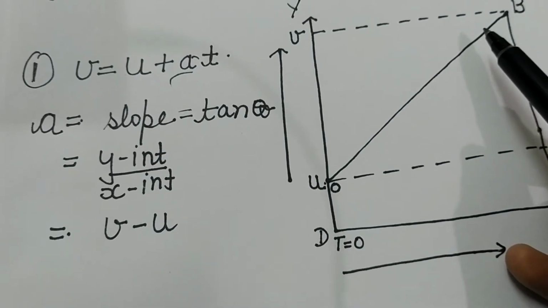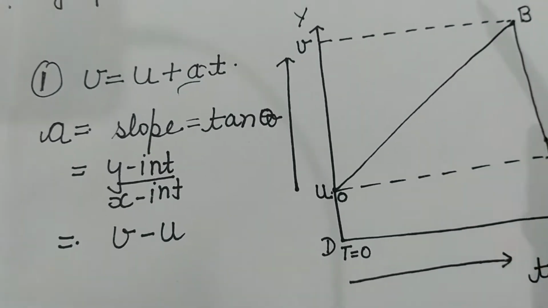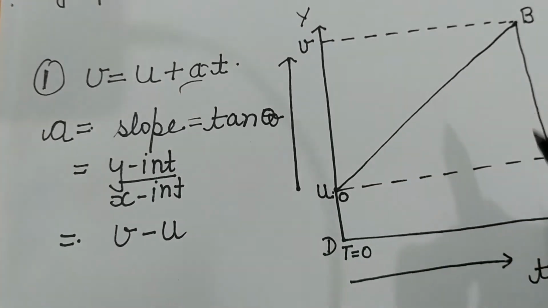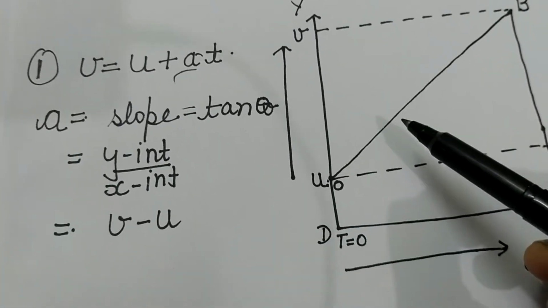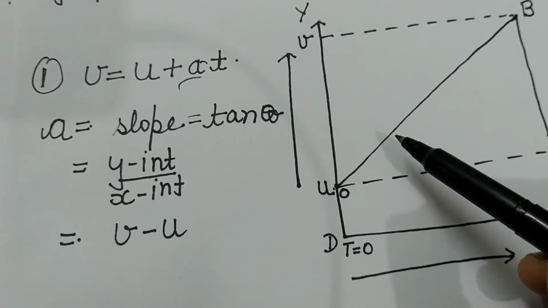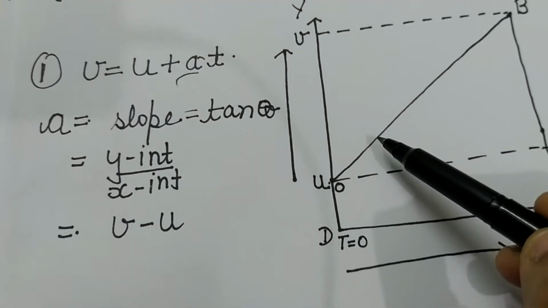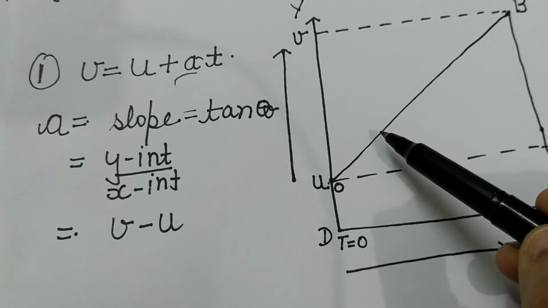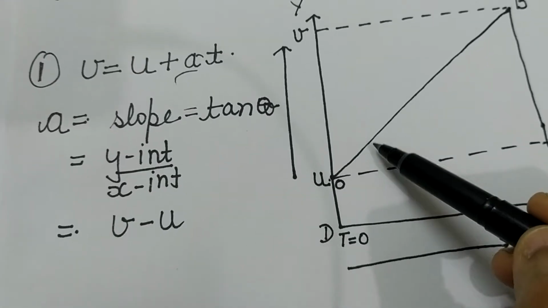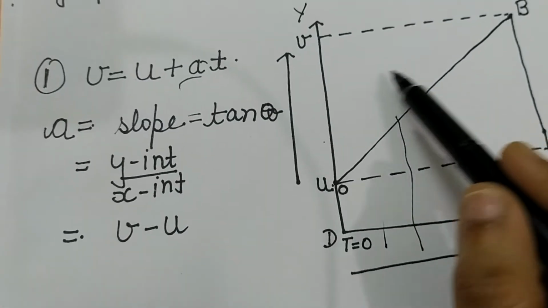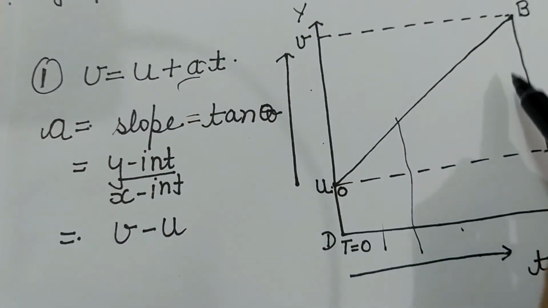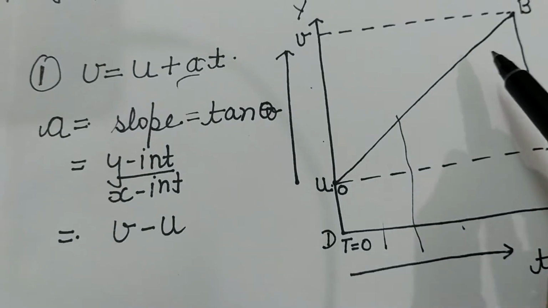So firstly we have to remember that the slope of the velocity-time graph always represents the acceleration because it gives us the rate of change of velocity. Here we can see that as the time is passing, velocity is changing. So this slope represents the acceleration.